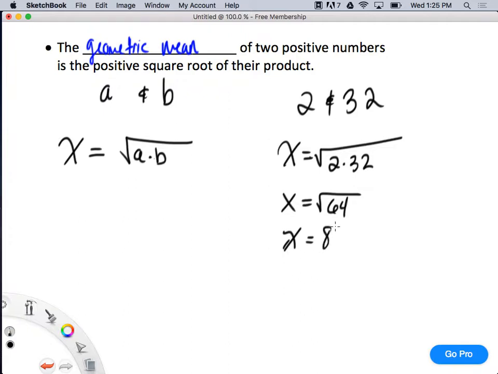There you go, that's how you get the geometric mean. You multiply the numbers and then you take the square root. Just like that, that's easy. Does that make sense? You guys think you got that? We're going to do an example problem first. Okay, so now.